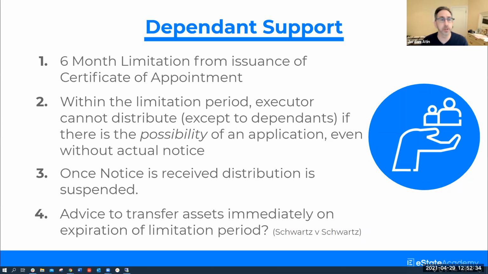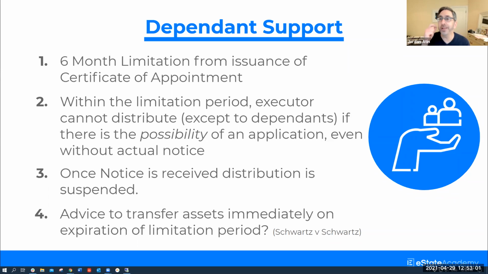I think it's important that there is a de facto suspension of the executor's right to distribute in light of that within 6 months of the certificate of appointment. So the first point is that the limitation period for dependent support claims runs from probate, from the certificate of appointment, for 6 months.